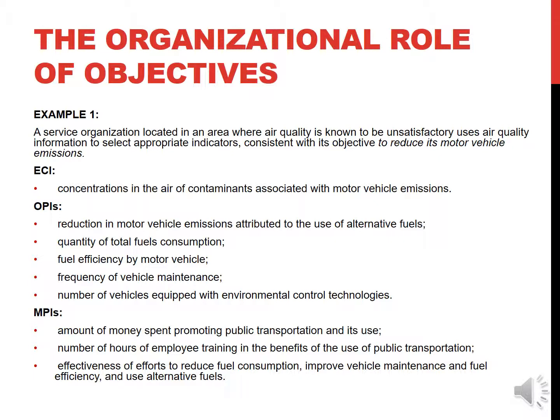So an environmental condition indicator might be concentrations in the air of contaminants associated with motor vehicle emissions. For operational performance indicators, there could be multiple: a reduction in motor vehicle emissions from the use of alternative fuels, quantity of total fuel consumption, fuel efficiency for each motor vehicle, frequency of vehicle maintenance, and the number of vehicles equipped with environmental control technologies.